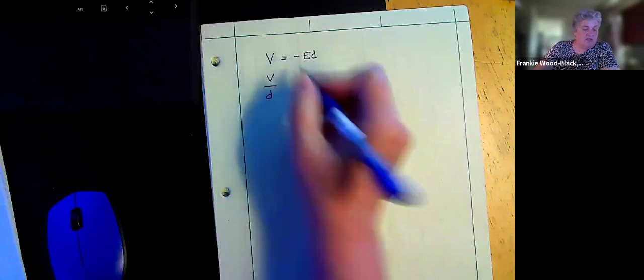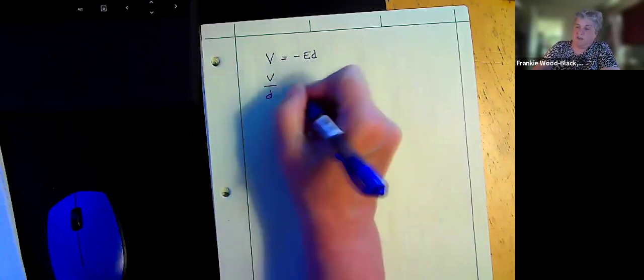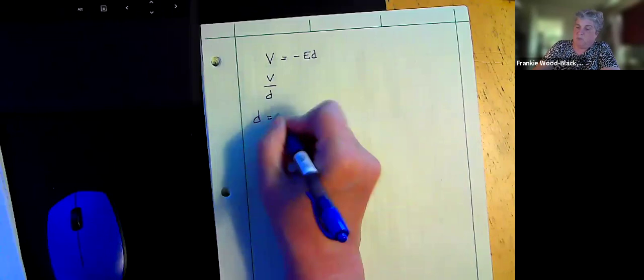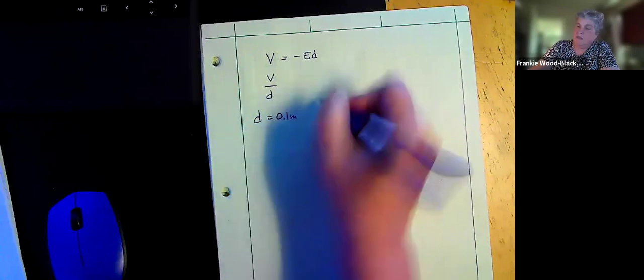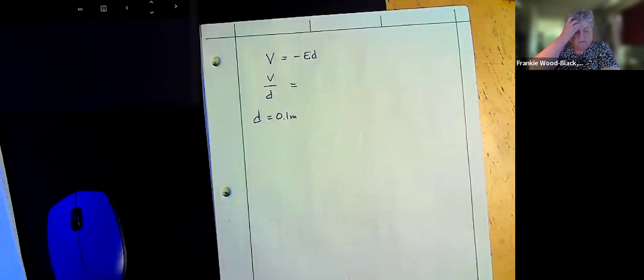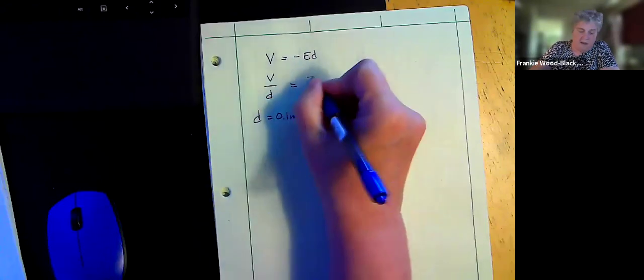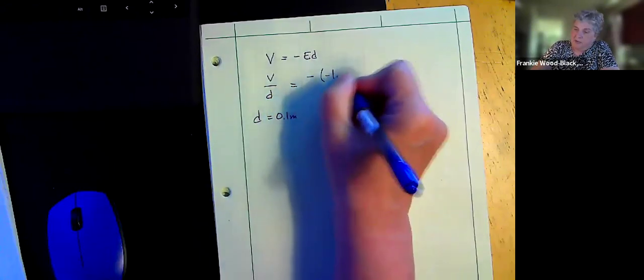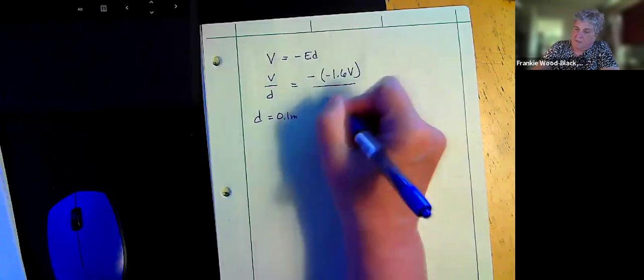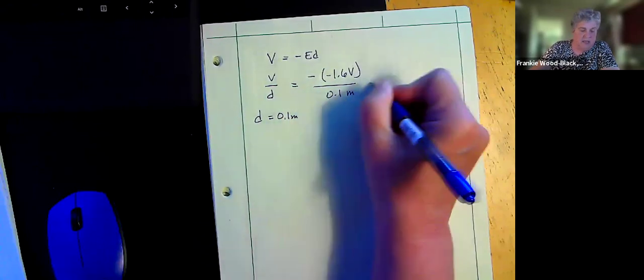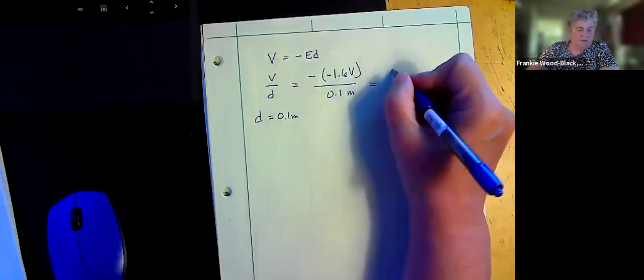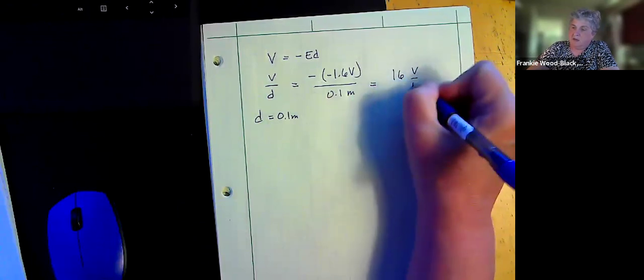In this case, my distance is 0.1 meters. This will give us a negative 1.6 volts divided by my 0.1 meters, and that gives me 16 volts per meter.